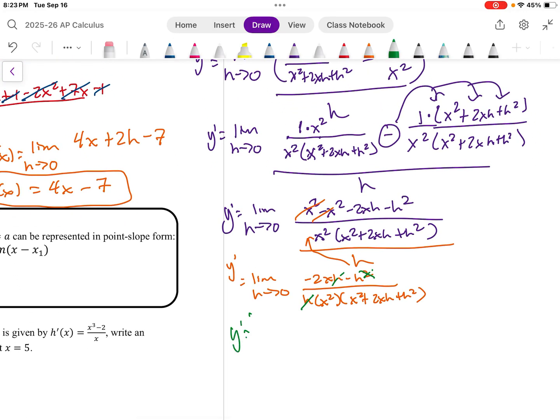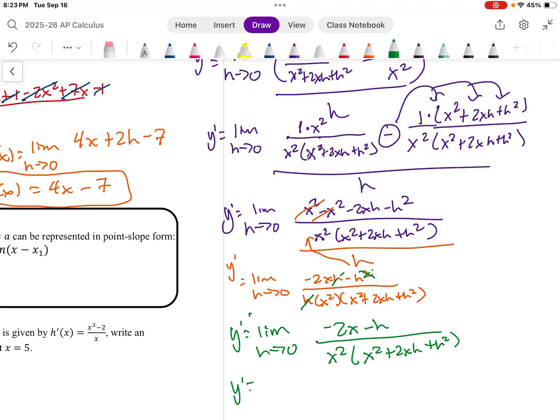So y prime is equal to the limit as h goes to 0 of negative 2x minus h over x squared times x squared plus 2xh plus h squared. Now I can apply my limit.